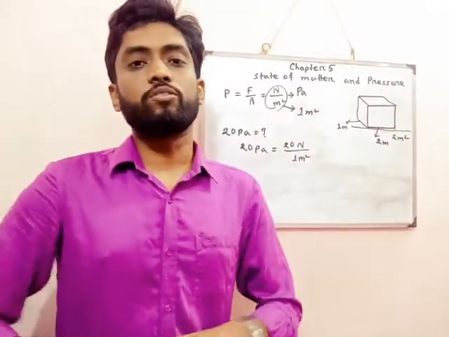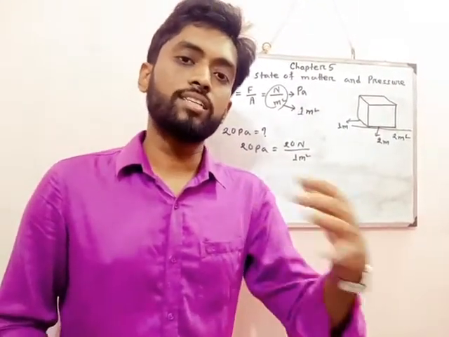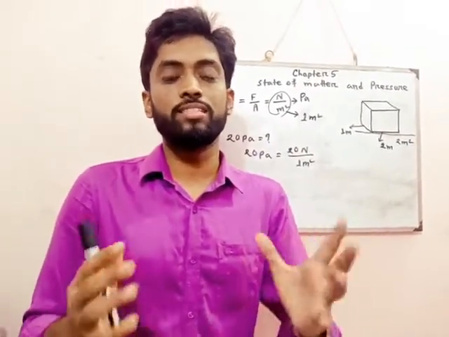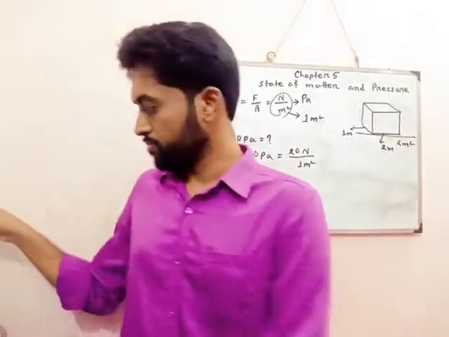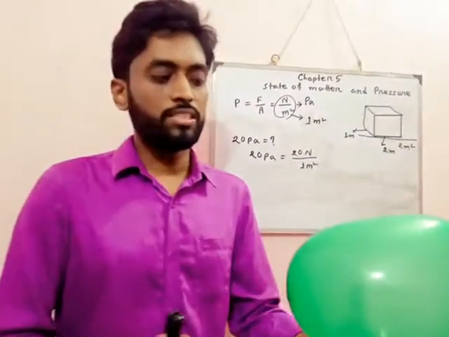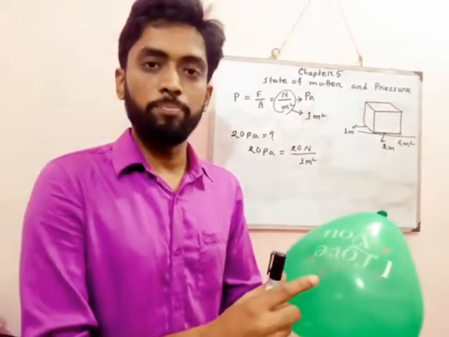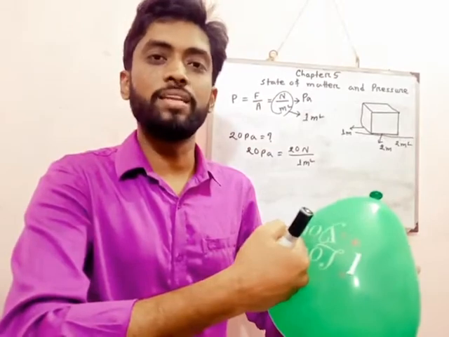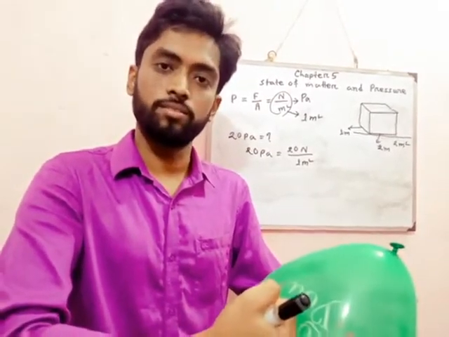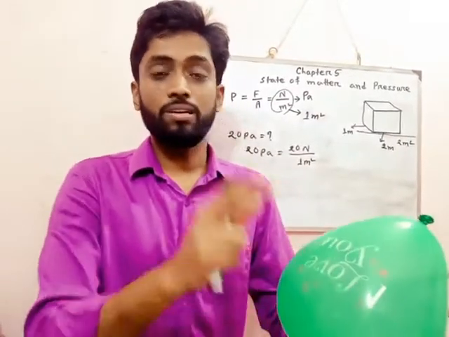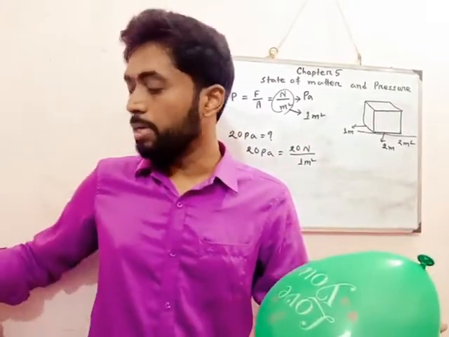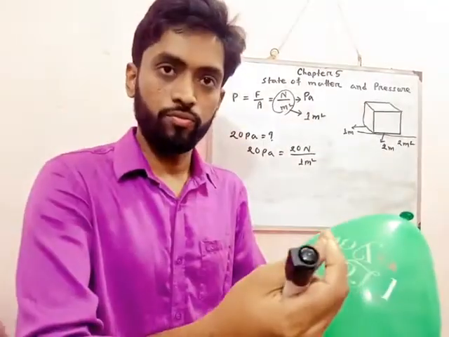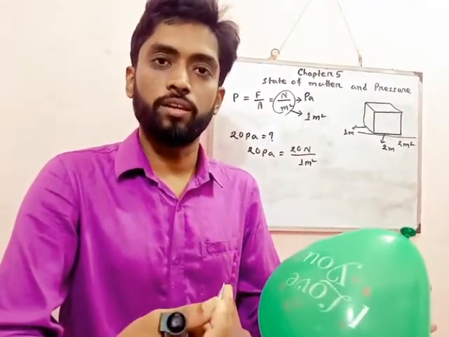Now I will try to explain how intensely a force is being applied, with a simple example. This is a balloon, and if you grab this balloon and punch it, maybe nothing would happen. See, nothing is happening. But if you apply pressure with this pin with the same force as before, then see what is going to happen.